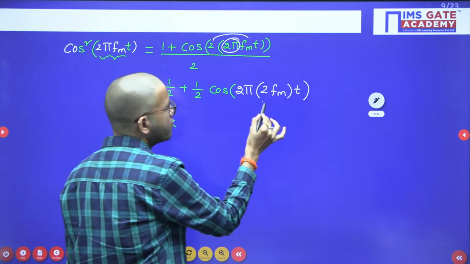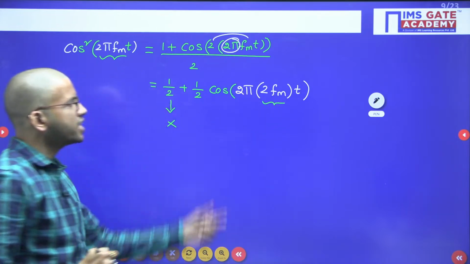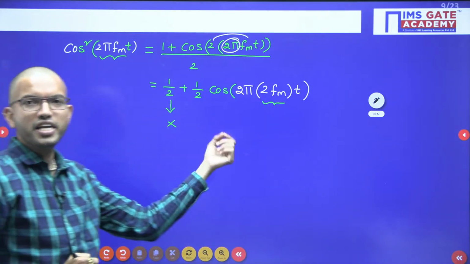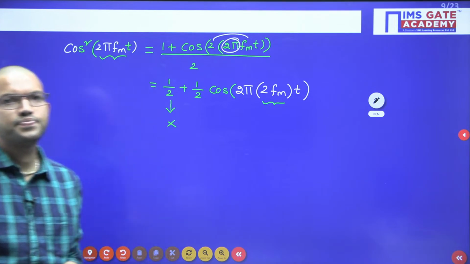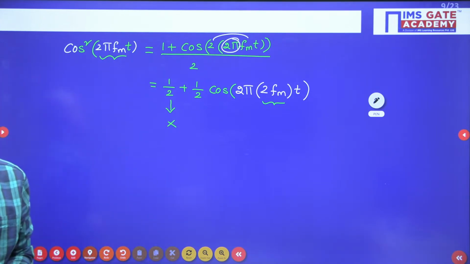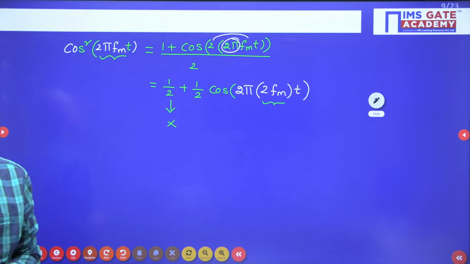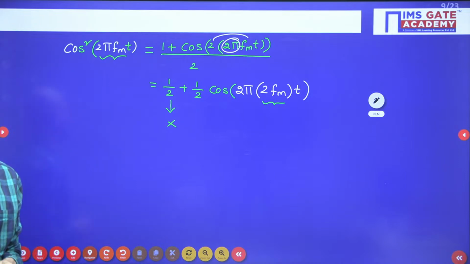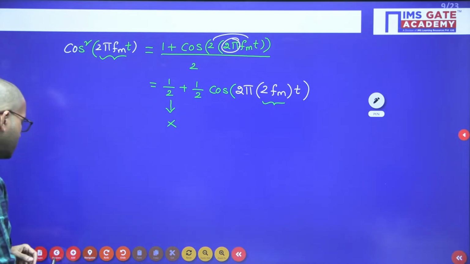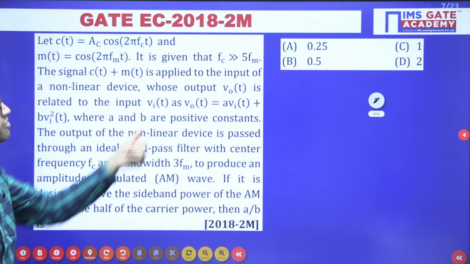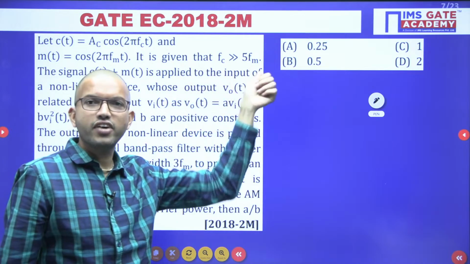Now here you are having 2 fm as the frequency. Whether this particular term will be allowed by the band pass filter or not? See, you can observe here, fc is far greater than 5 times fm.